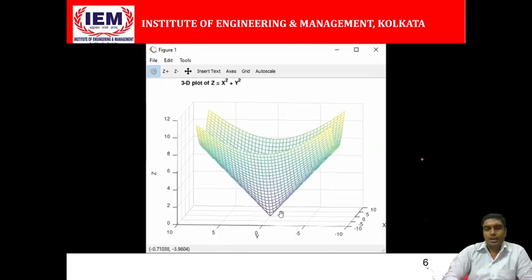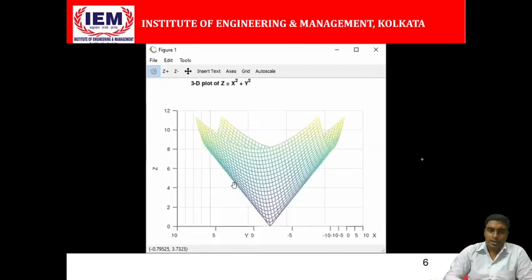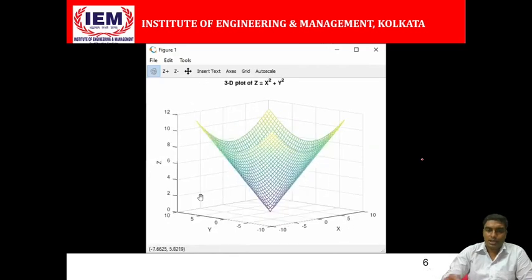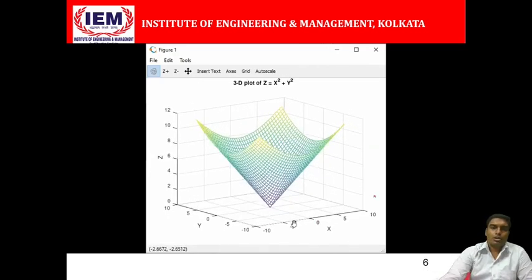If I see in this direction we have the x-axis, and the two horizontal axes, x and y, form the plane. And the vertical axis is z. This is your dependent variable. So x and y are the two independent variables in the plane, and z is the dependent variable.